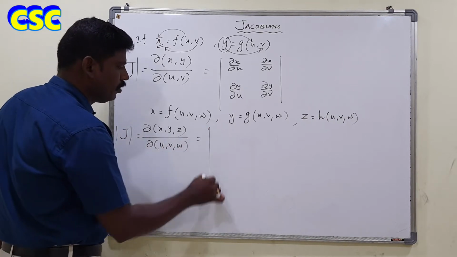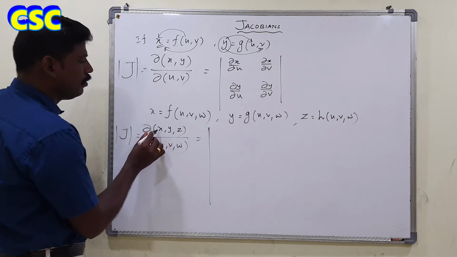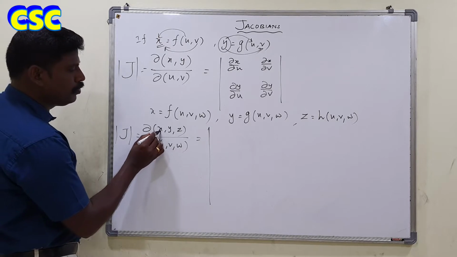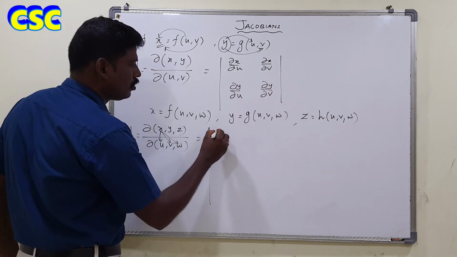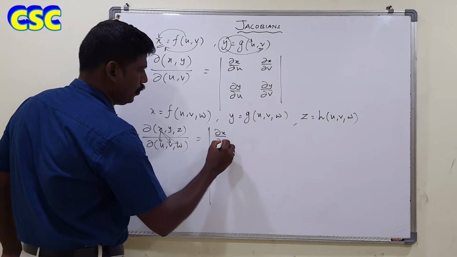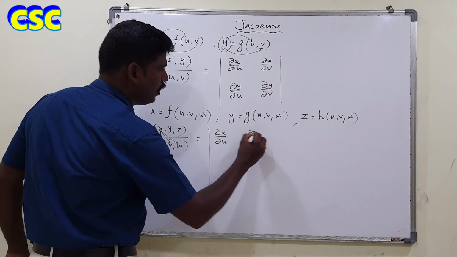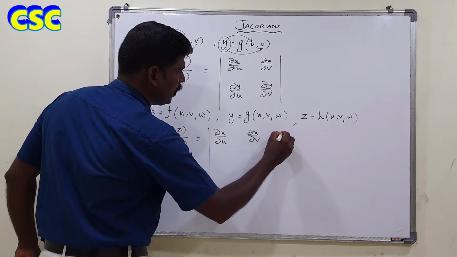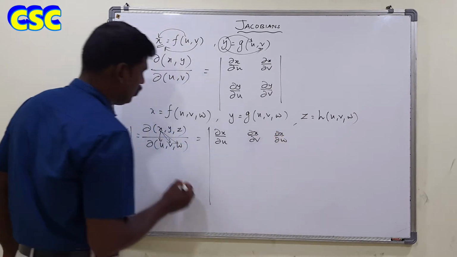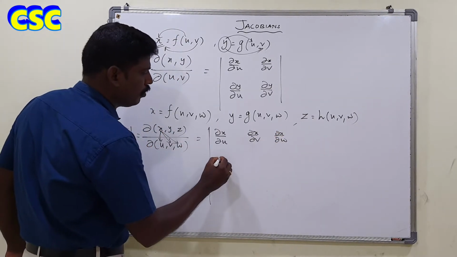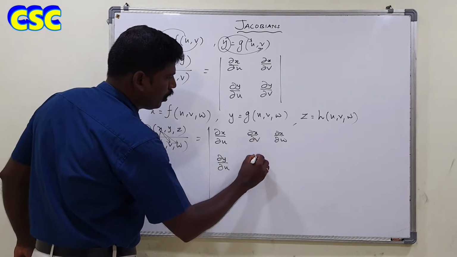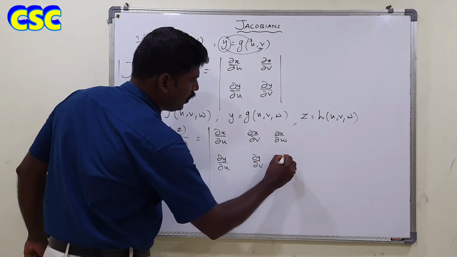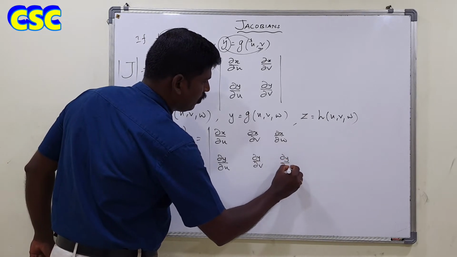How to find that value? It is the determinant of the partial derivatives. Write x with respect to u, v and w in the first row: dou x by dou u, dou x by dou v, dou x by dou w. Similarly y: dou y by dou u, dou y by dou v, dou y by dou w.